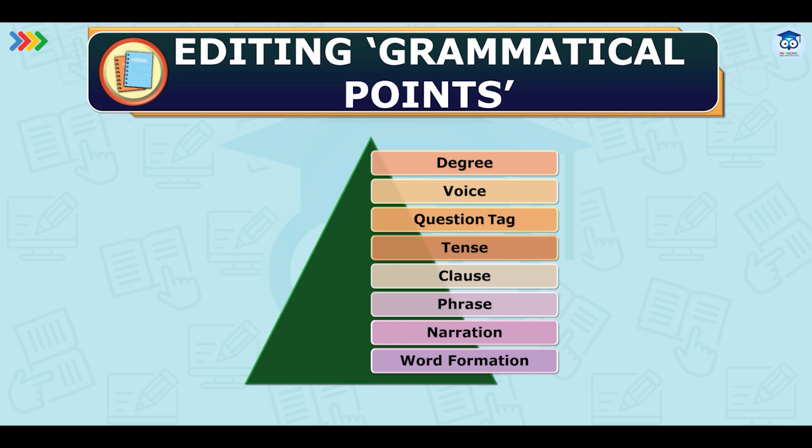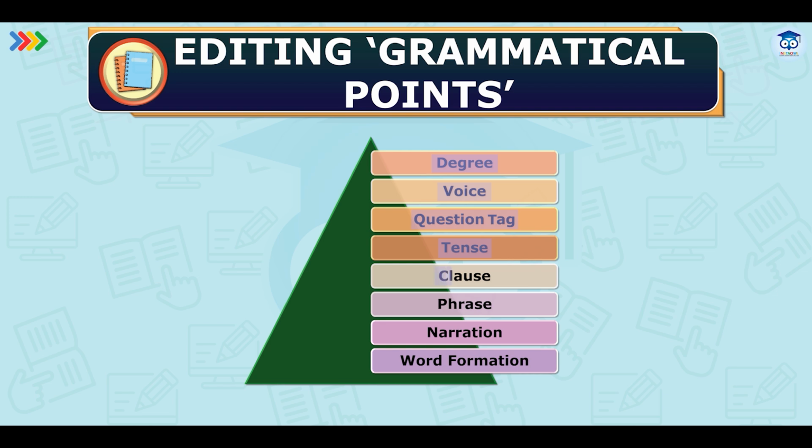Finally, when editing, pay attention to several important grammatical points. These include the degree of comparison, which helps us compare things correctly, and voice, where you choose between active and passive forms, like the cat chased the mouse or the mouse was chased by the cat. You also need to use question tags properly to turn statements into questions and maintain tense consistency so your writing flows clearly without shifts.